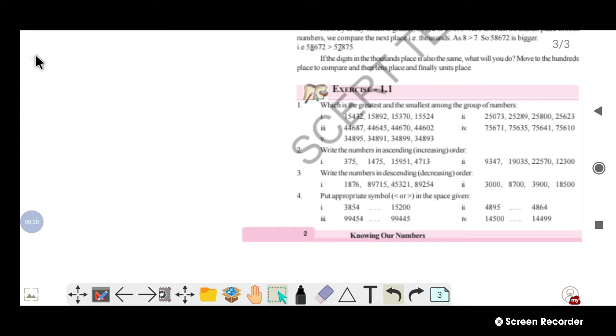So the third bit, first one, what is that? 1876, comma 89715, and the next one is 45321. Next one 89254.